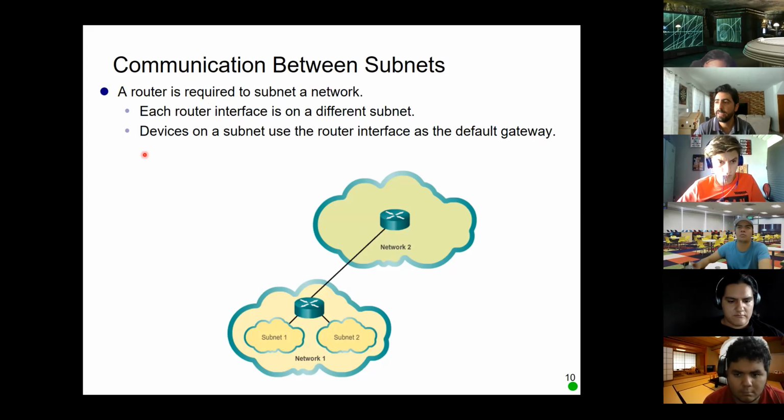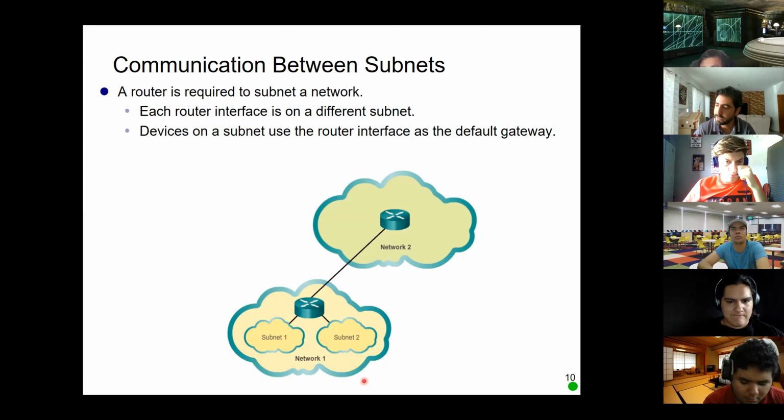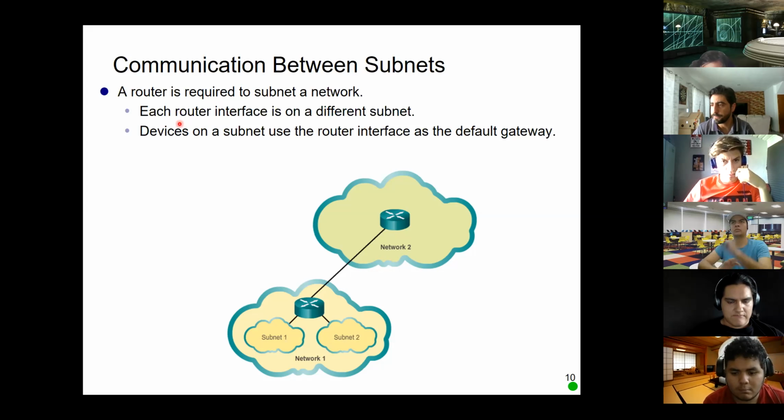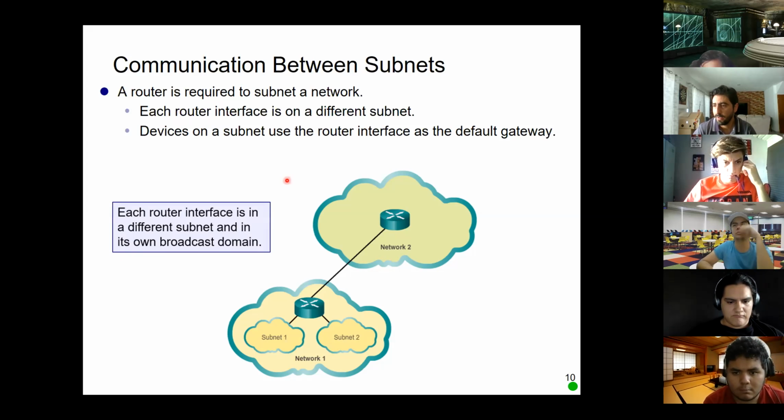Each network requires its own router, of course. And each subnet should be connected directly to the router. For example, this subnet cannot be connected to this subnet and through this subnet to the router. So each subnet is directly connected to the router. That's how it works.